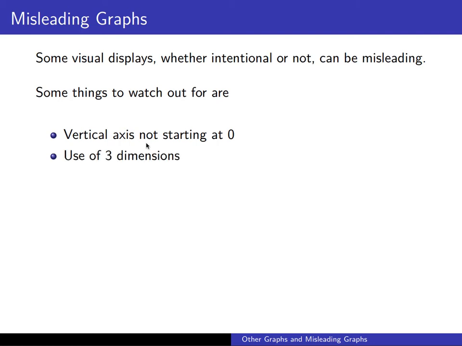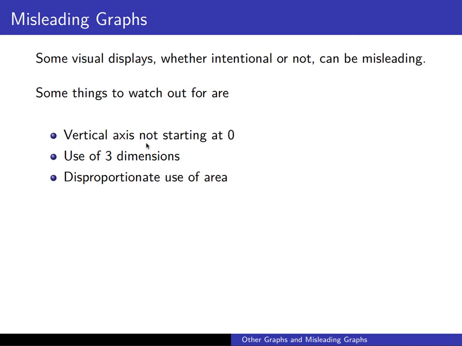Next is the use of 3 dimensions. It's very common with bar graphs in things like spreadsheet software, so in fact, the example I have for you is from a spreadsheet program. Also, a disproportionate use of area. This is especially common with picture graphs, where if we change one measurement, like a length, that doesn't mean that the area changes by that same amount.